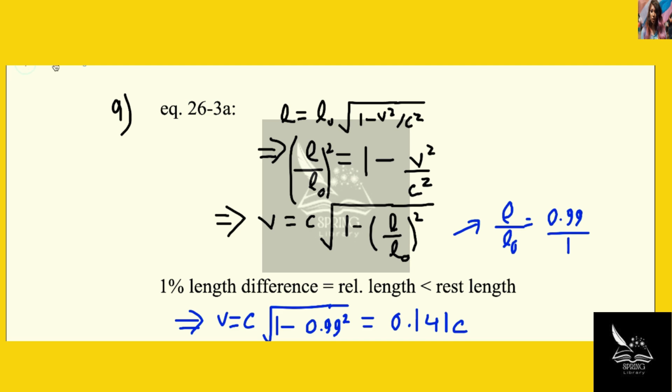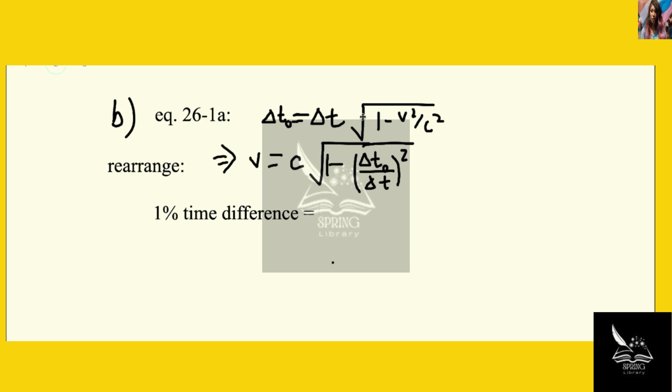So 1% length difference had length less than rest length, but in this case 1% time difference will have relativistic time greater than classical time, or rest time. Let's call it rest just for consistency.